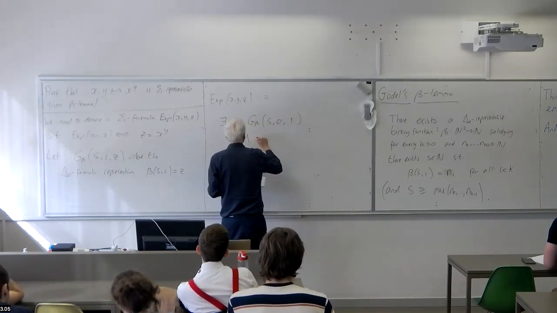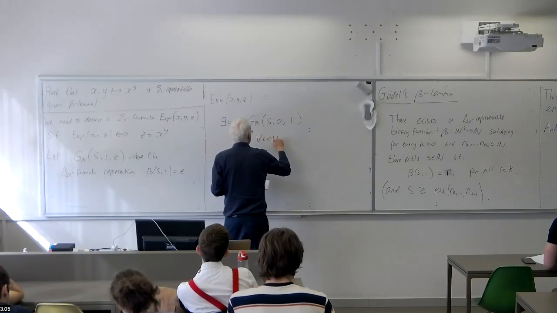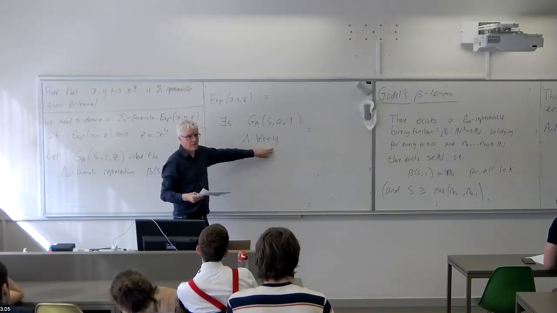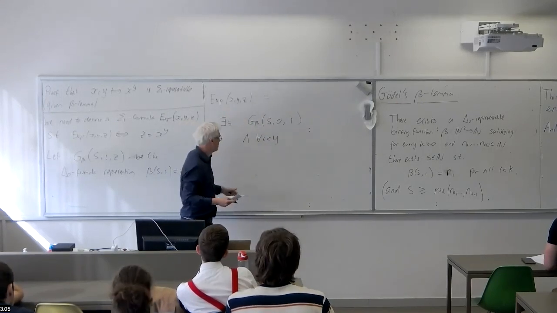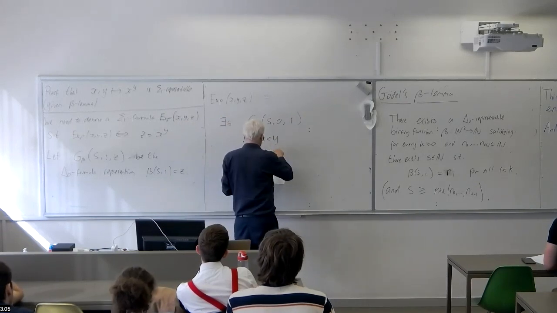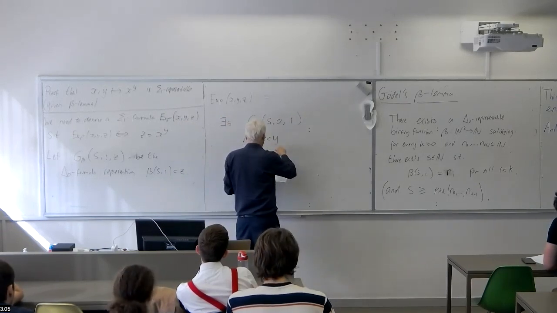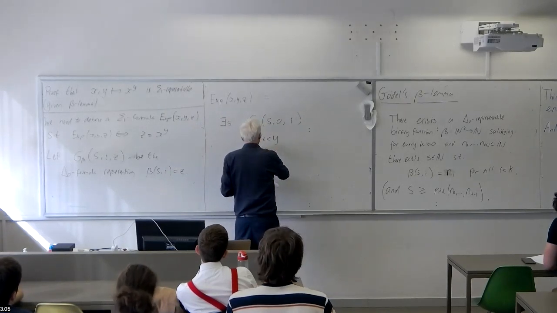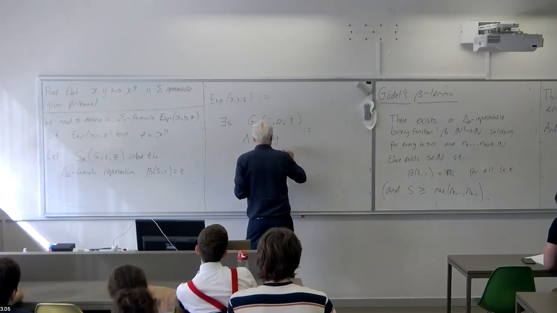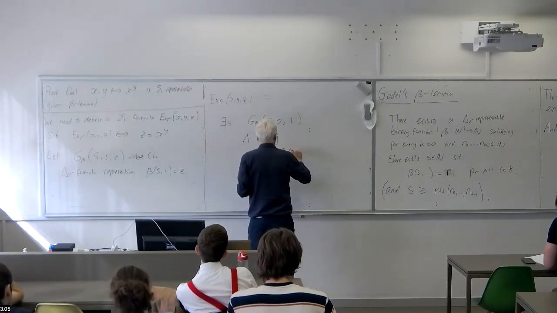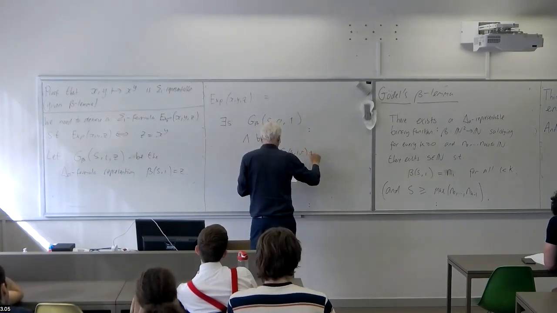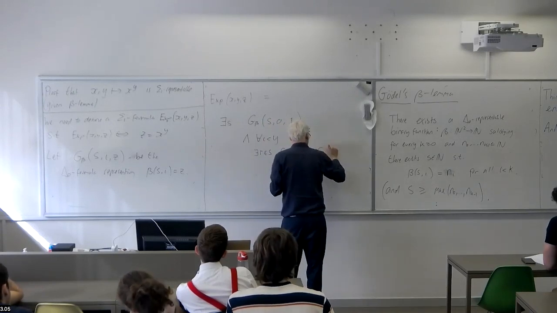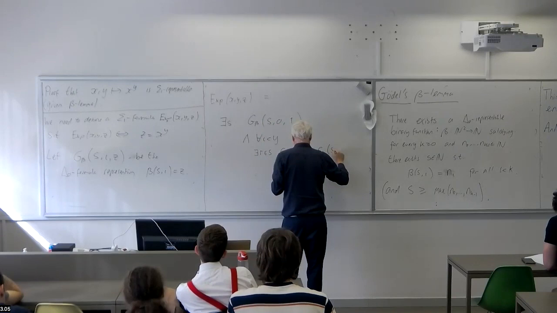And for all numbers I less than y, so y is going to be the length of the sequence here, and here we're ranging over the indices of the elements of the sequence, there exists an R less than or equal to S, such that G beta of S, I, R and G beta of S, R, right.